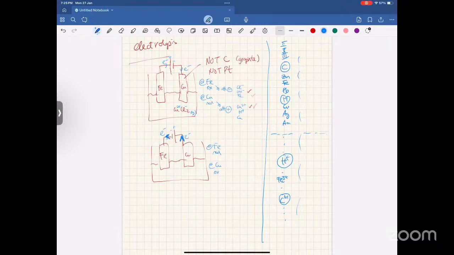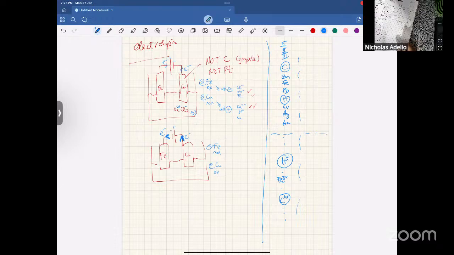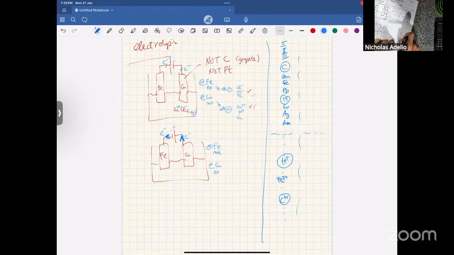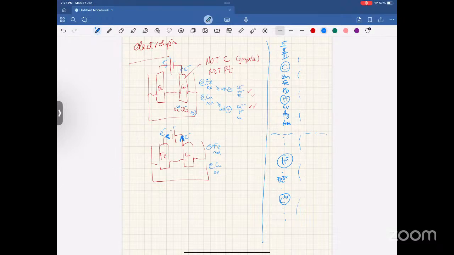I do not know why teachers don't teach this. This makes life so much easier. Is it AU, gold? And you have the mirror image. Please give some space.